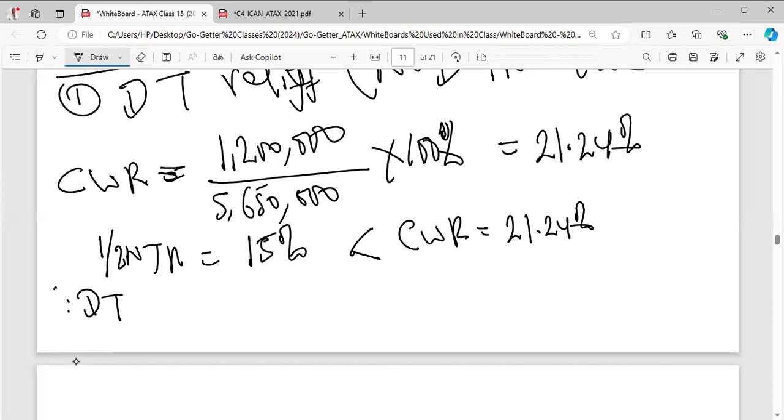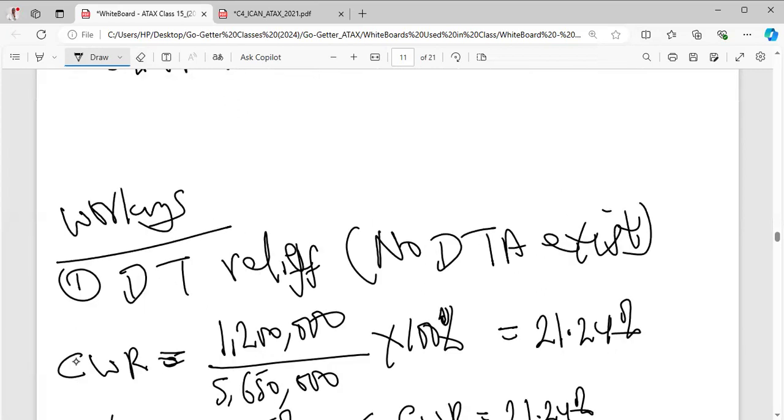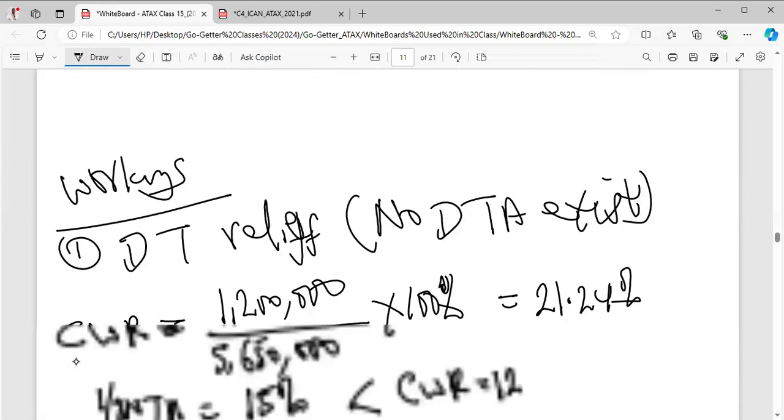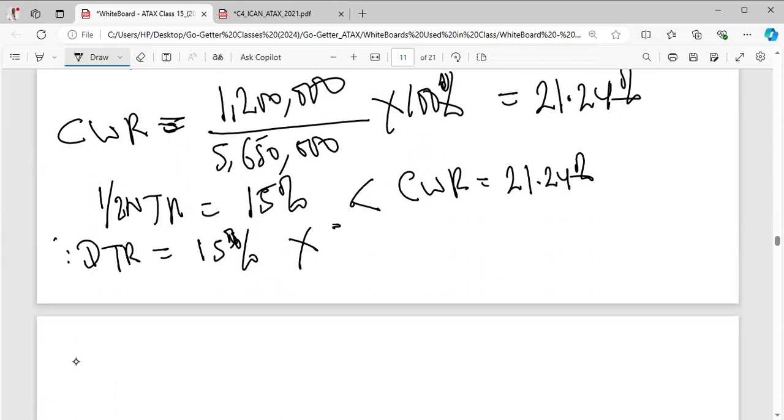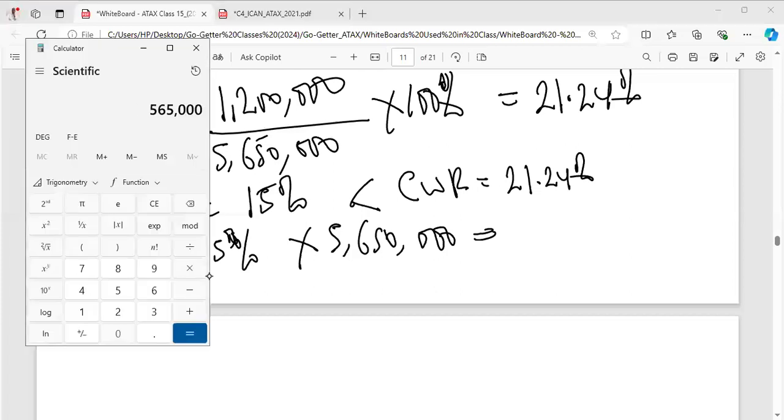Therefore, DTR will be 15%. Now multiplied by the foreign taxable profit, 5,650,000, times 15% gives me 847,500.